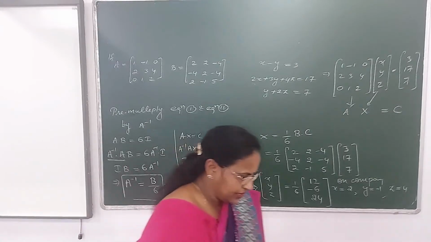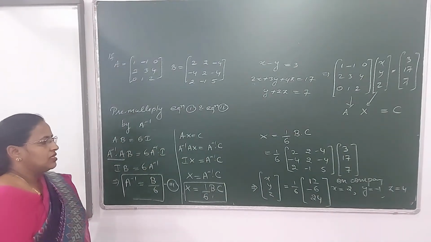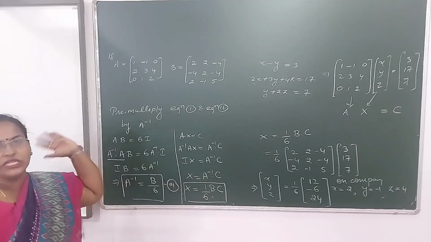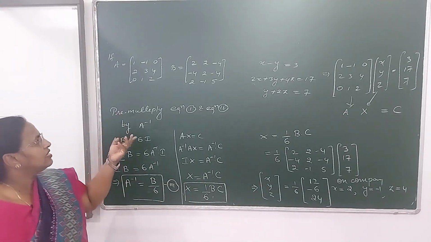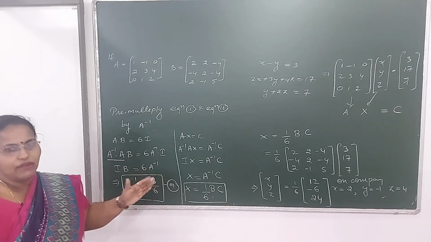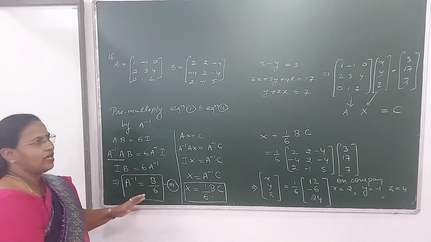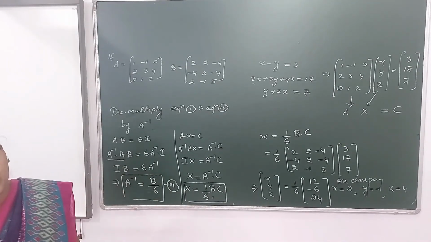So I hope children this is clear to all. So this way you will be proceeding. This was a little different question from what we did in the first one. That was the matrix method, where in this particular method you are not requiring the formula of A inverse, right?